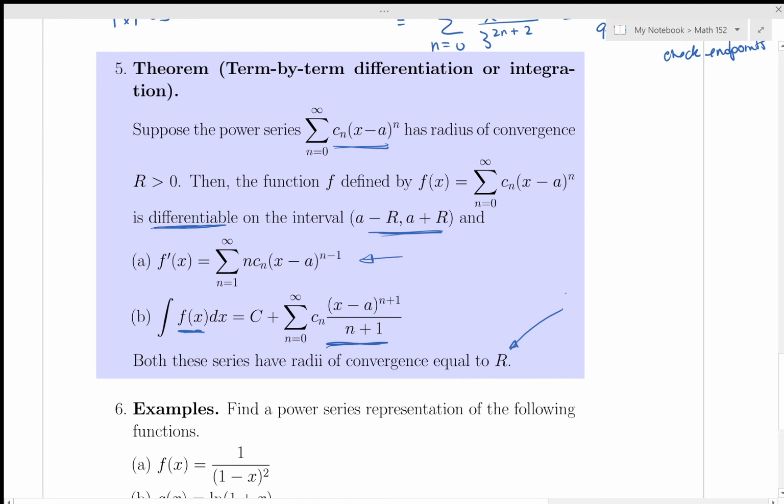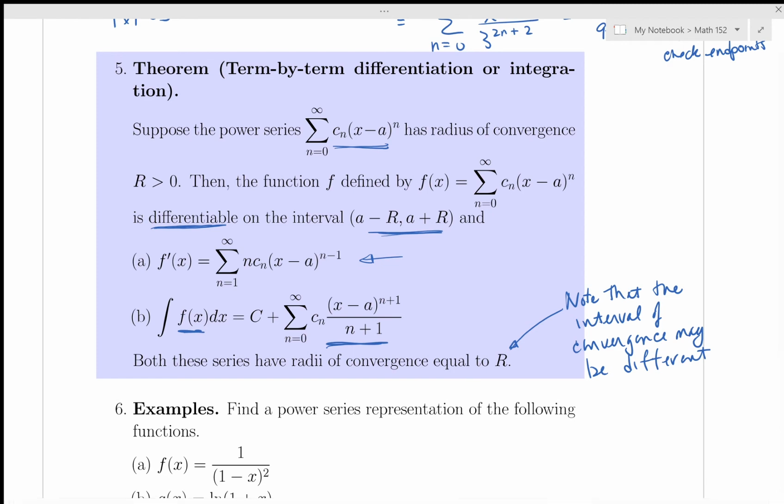But note that the interval of convergence may be different. So you would need to check the endpoints.